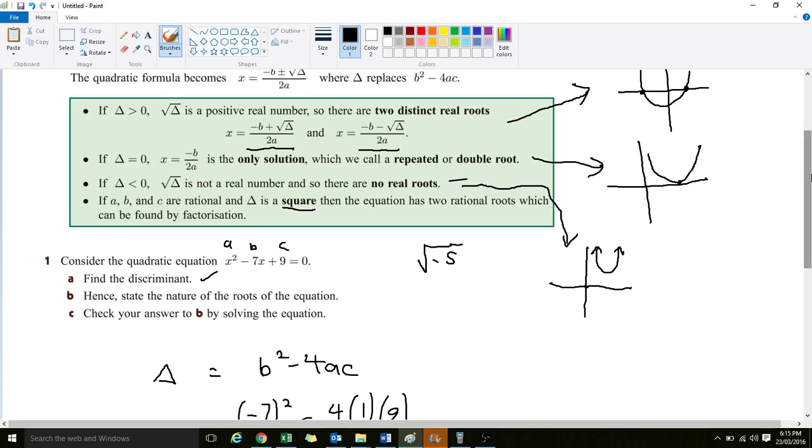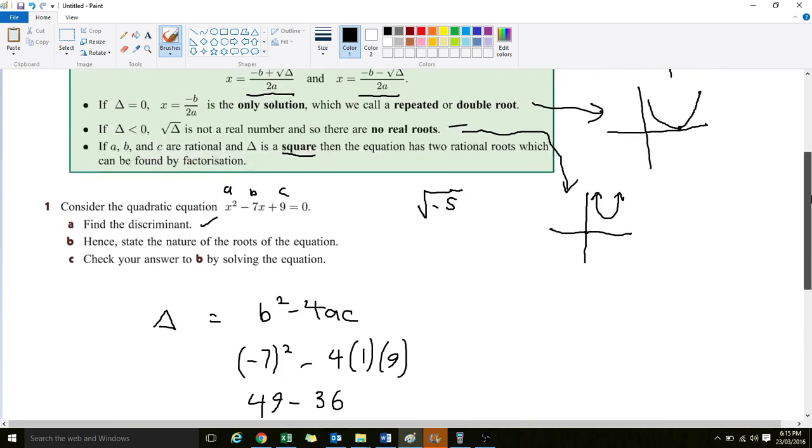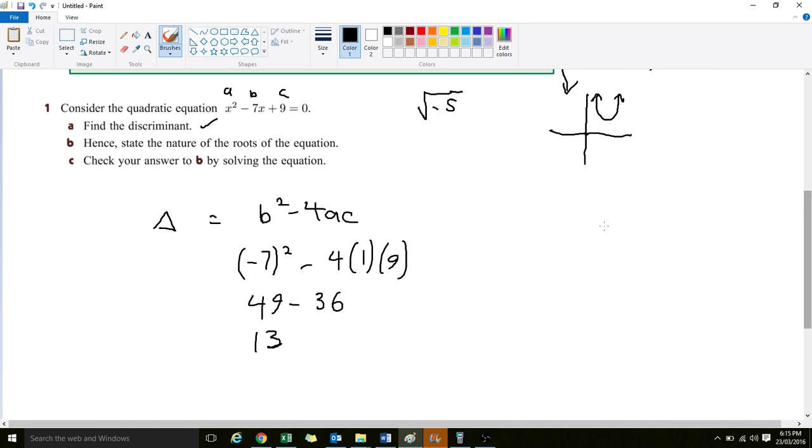Part C says check your answer by solving the equation. What that means is we're actually going to use the quadratic formula now. Here we've already solved delta, so we don't need to solve the part inside the brackets. Normally the quadratic formula is x equals minus b plus or minus the square root of b squared take 4ac, on 2a.